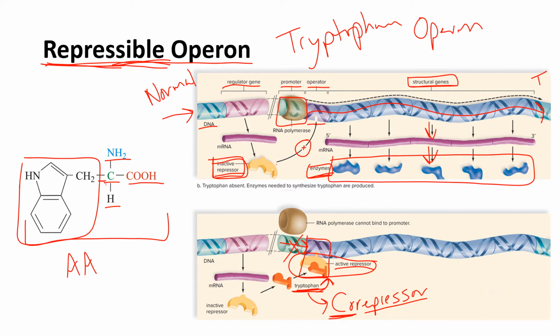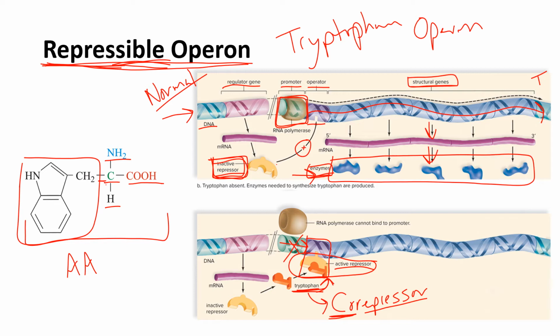So if you don't have a transcript, you don't have production of the mRNA, there's nothing to translate, no gene expression, you don't have those enzymes that would make tryptophan. So this is an example of a repressible operon. The normal situation is that the repressor is inactive, so you get gene expression. The RNA polymerase is able to transcribe those genes, they get translated, and then you have enzyme production.